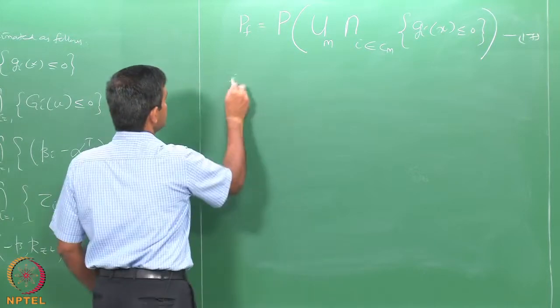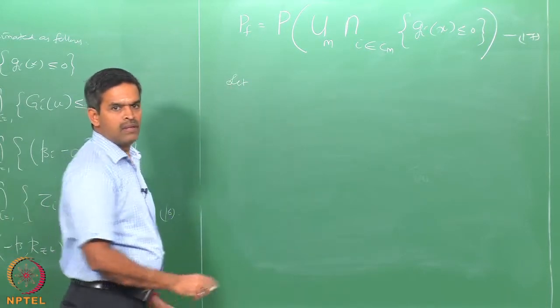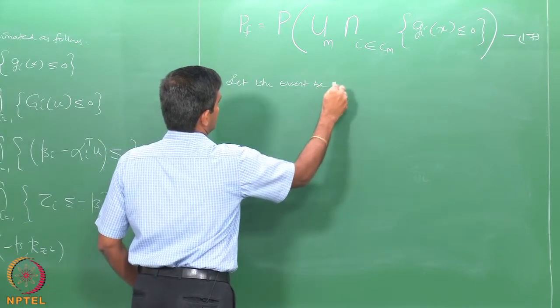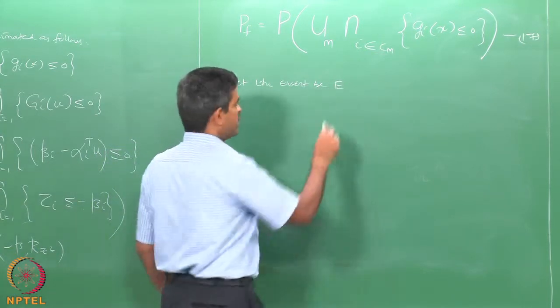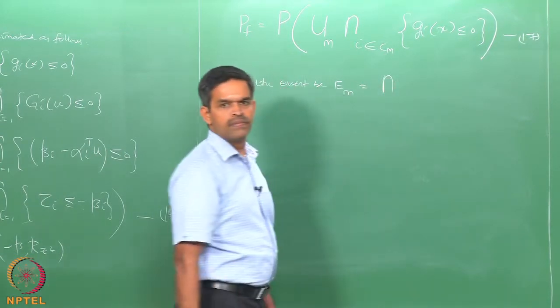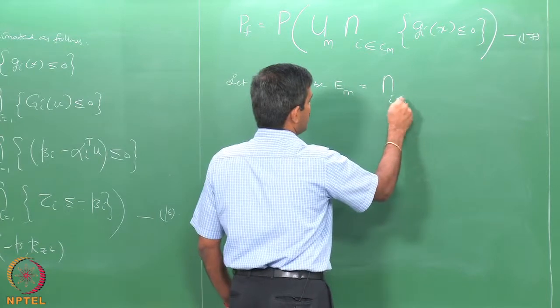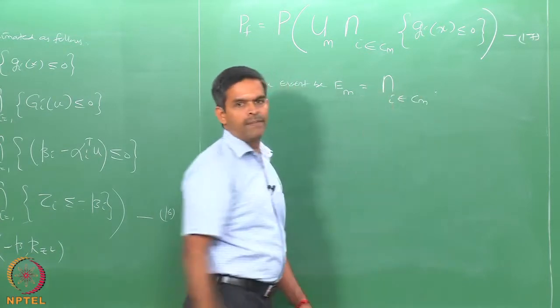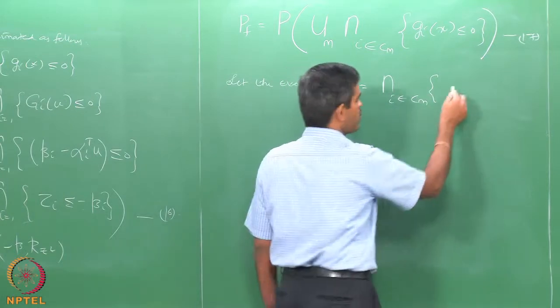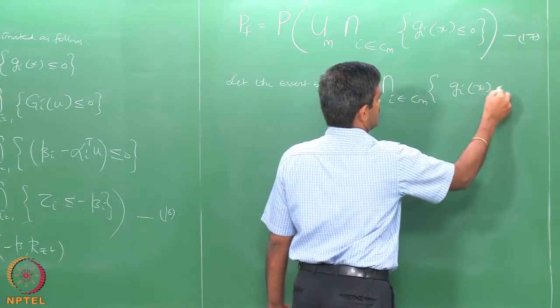Now, let the event be E m, which is intersection of i element of C m, which is then extended on the failure domain g of x less than 0.